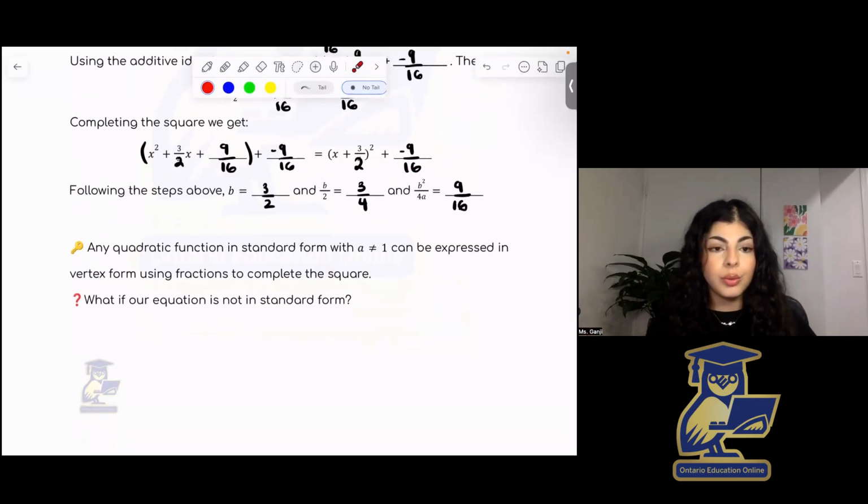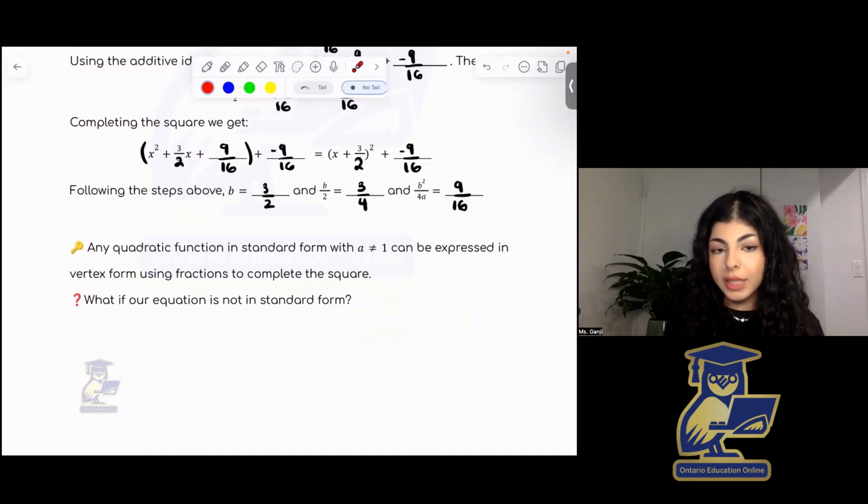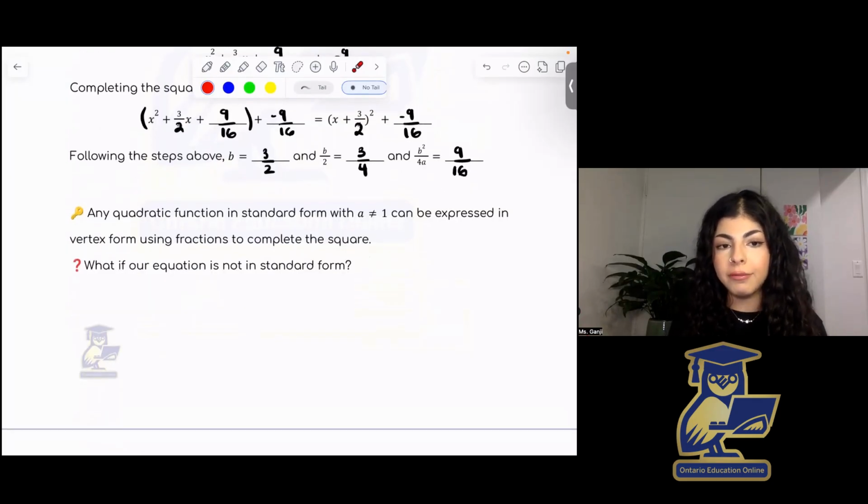So, just to wrap up our key idea here, any quadratic function in standard form, whether a is one or not one, can be expressed in vertex form using fractions. So not decimals, try to stick with fractions as you have to do halves and squares.